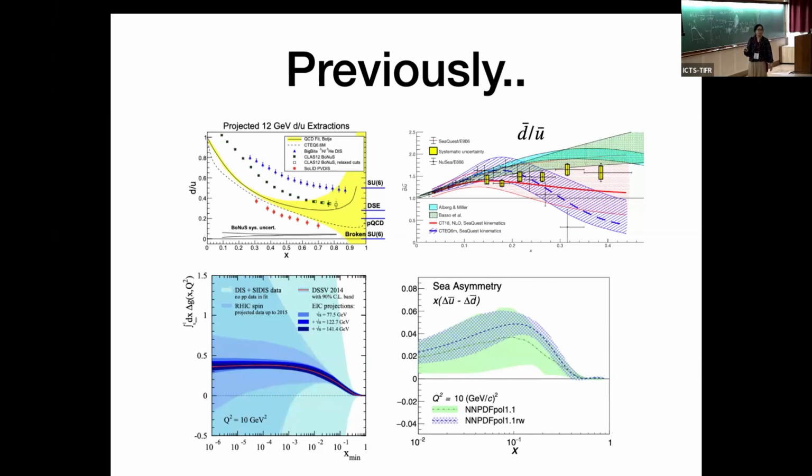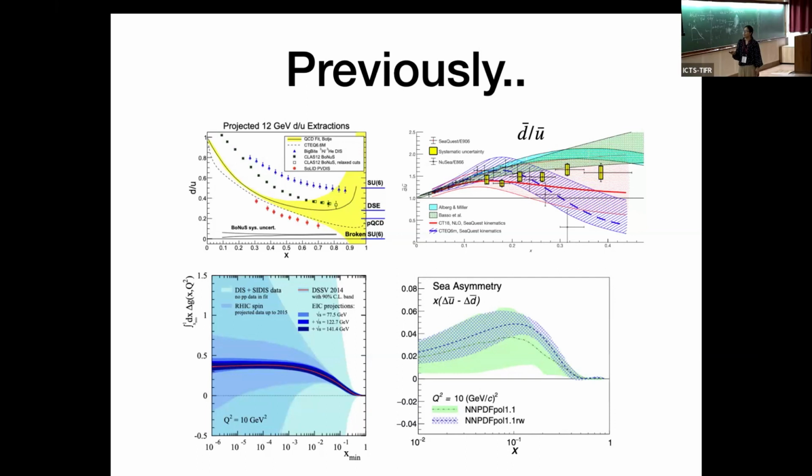And this shows the projection of the first moment of the gluon helicity here as a function of minimum x. In here, when you look at this very light color of the error bar, that's when you only have DIS and semi-inclusive DIS data. And once you add the RHIC data, you have this much more reduced uncertainty.